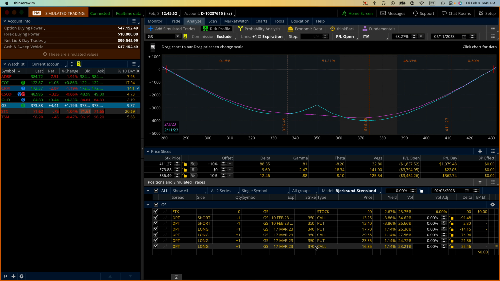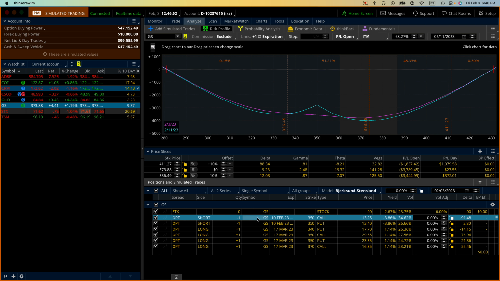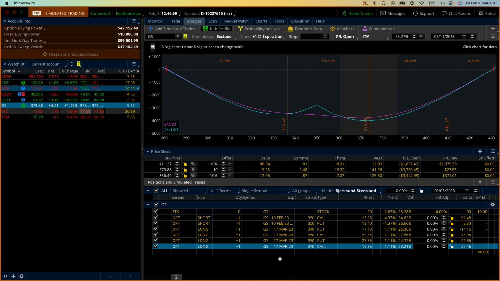When the market was up, we rolled it up from 350 to 370. So we leave the 35 calls alone because we have one long call, one short call, so they cancel each other. So we only have this long call outstanding, and at this point I could raise it up if I wanted, but my delta is 9 and that's fine.